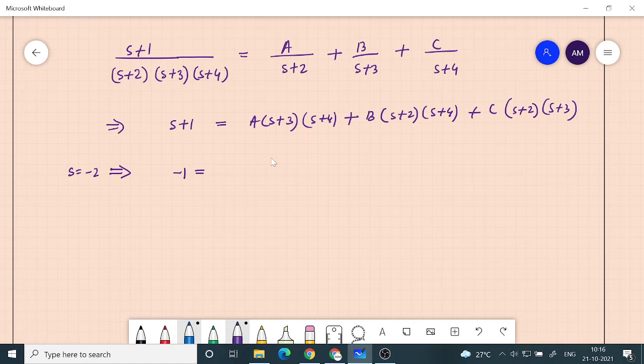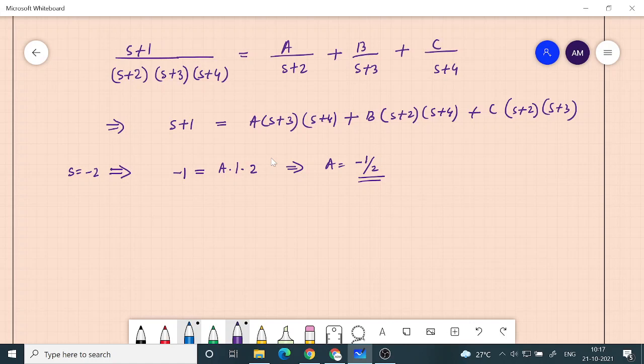On the RHS, the second term has s plus 2, which will go to 0 because s is minus 2, and similarly in the third term s plus 2 is there, so the C and B terms go away. The only term that will survive is A into minus 2 plus 3, that is 1, into minus 2 plus 4, that is going to be 2. So A is equal to minus 1 by 2.